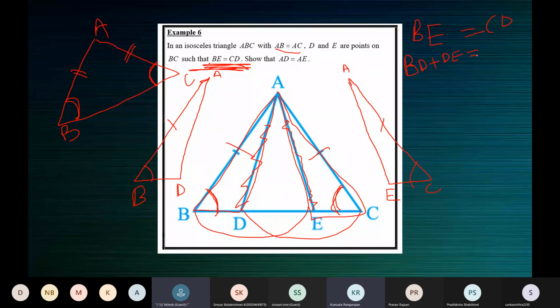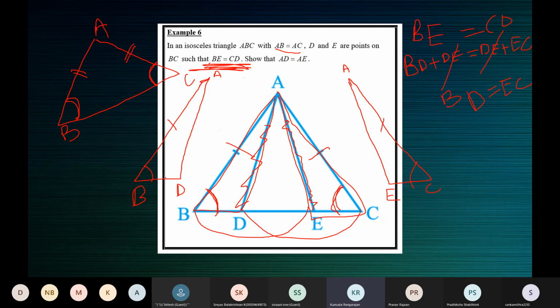DE plus EC. Now what happens on both the sides? DE gets cancelled. So we have a new result. BD is equal to EC.